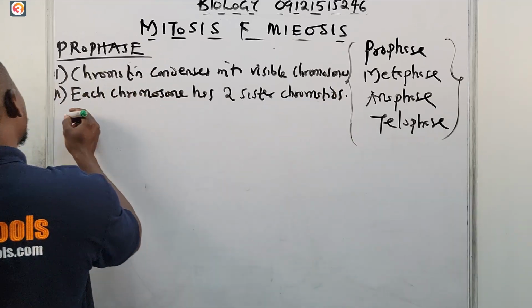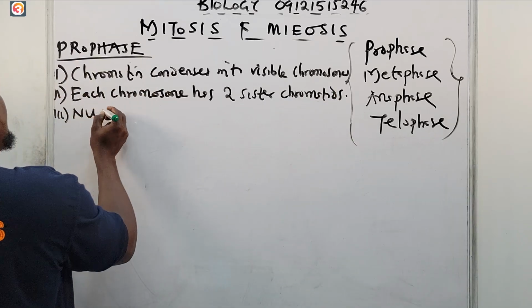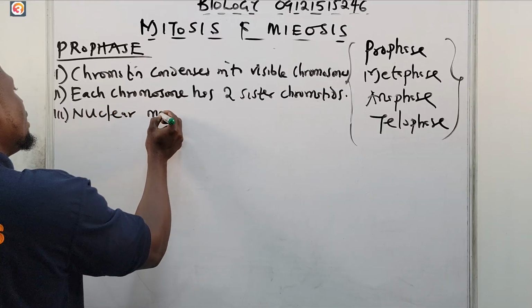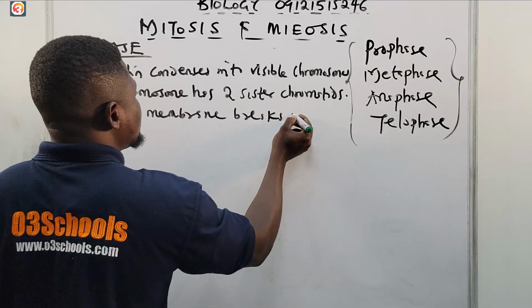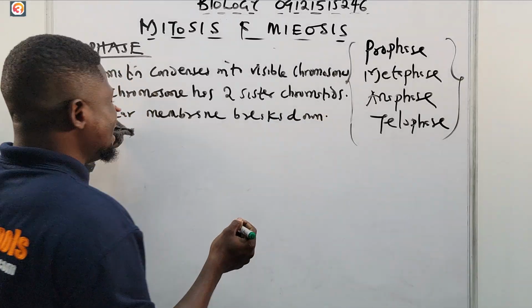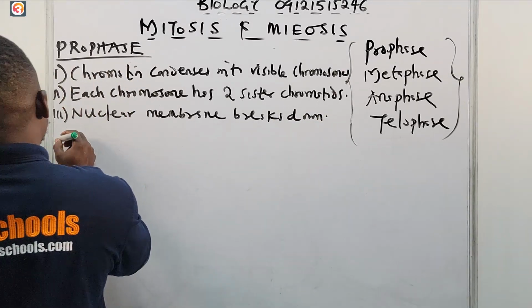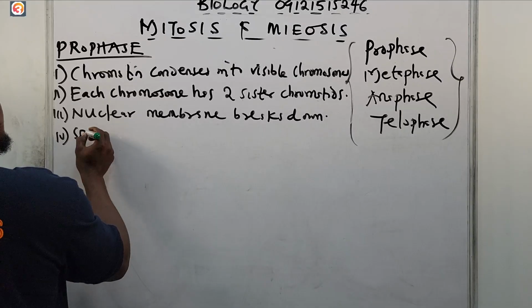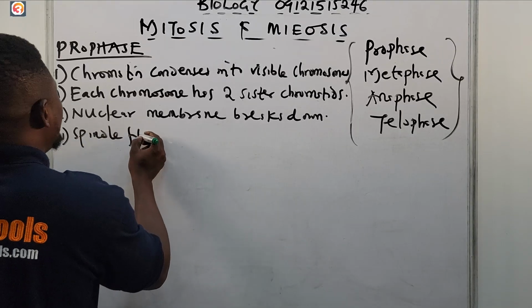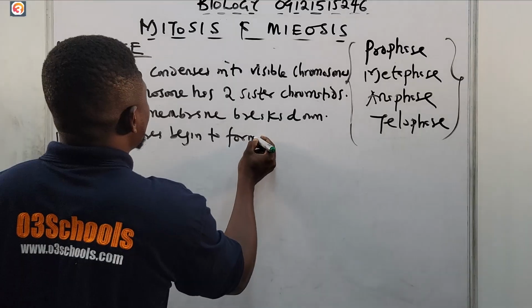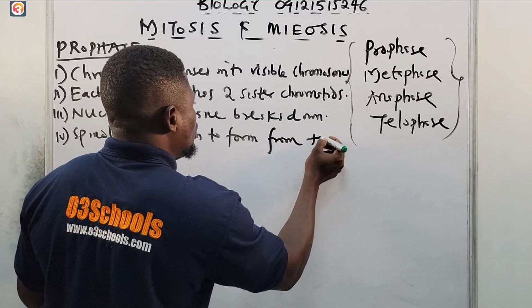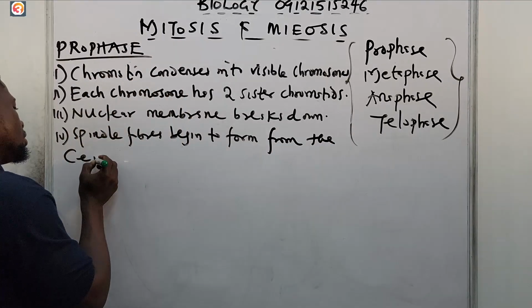Number three, the nuclear membrane breaks down in the prophase. Then number four, spindle fibers begin to form from the centrosomes.